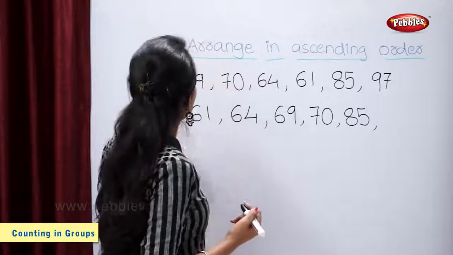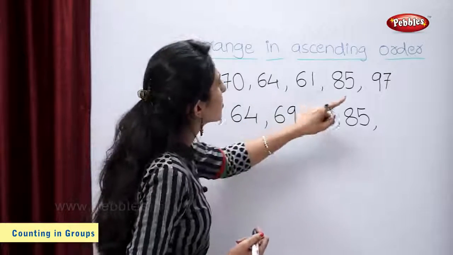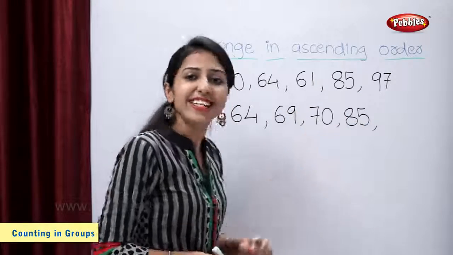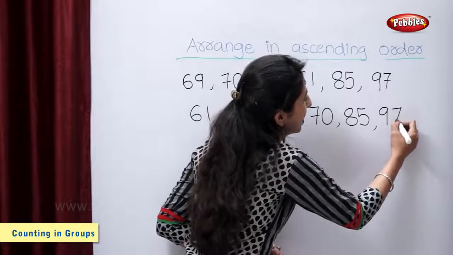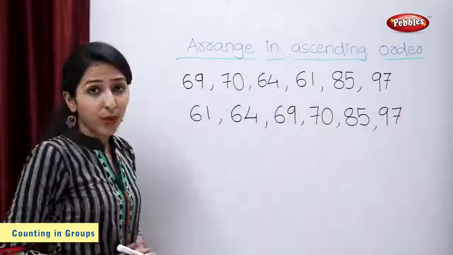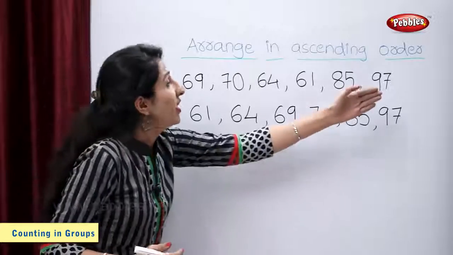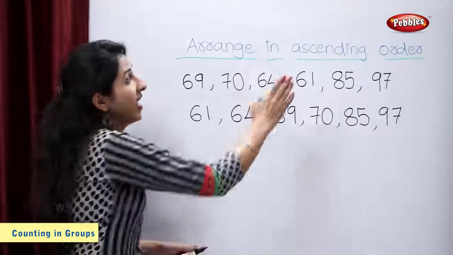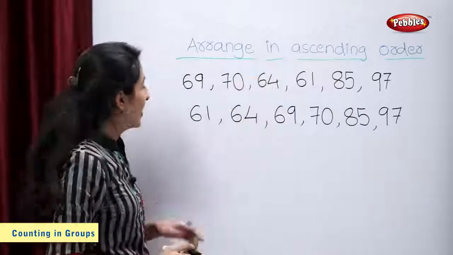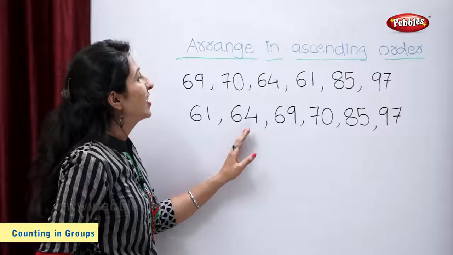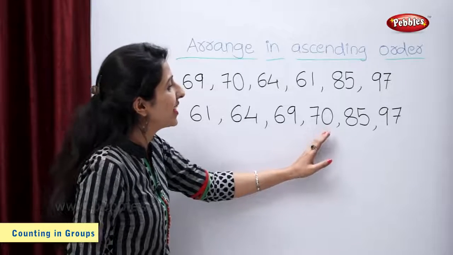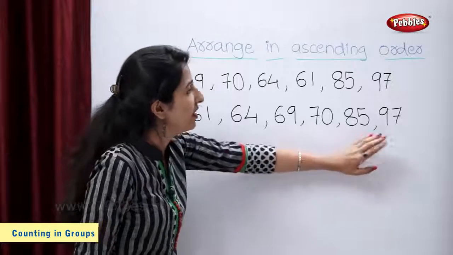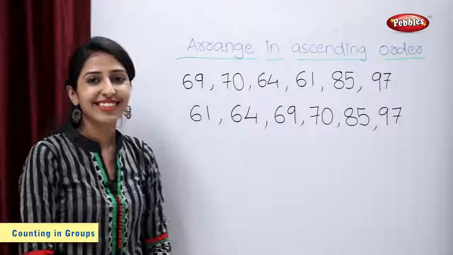Let's find out. Number 97. So, we have arranged these numbers in their ascending order. 61, 64, 69, 70, 85 and 97.